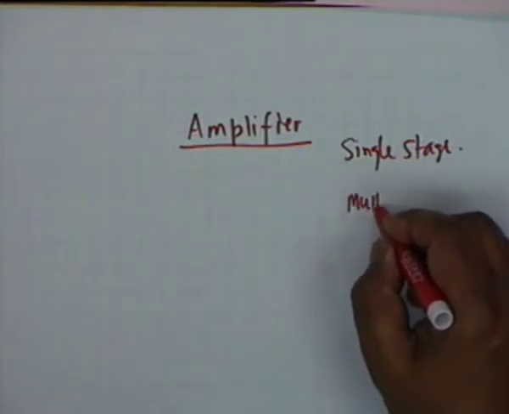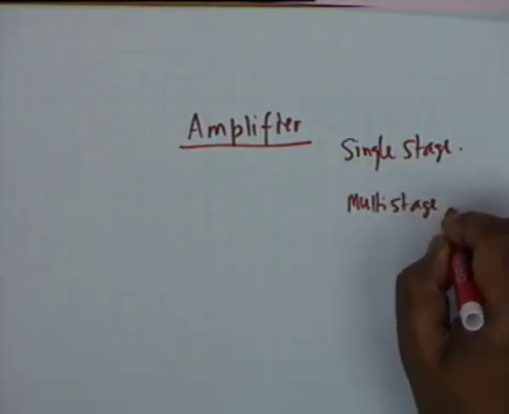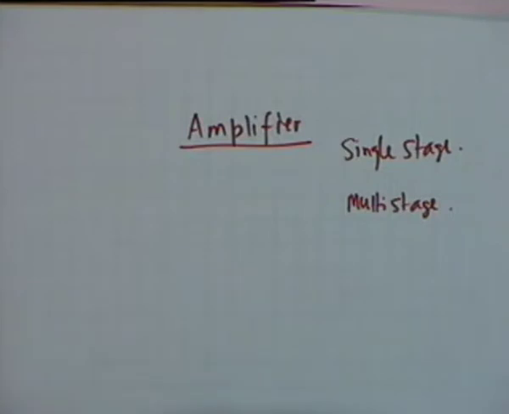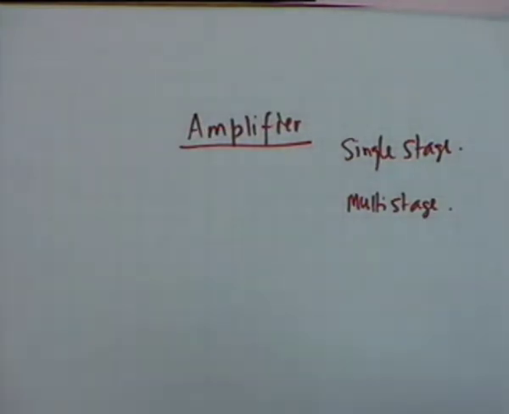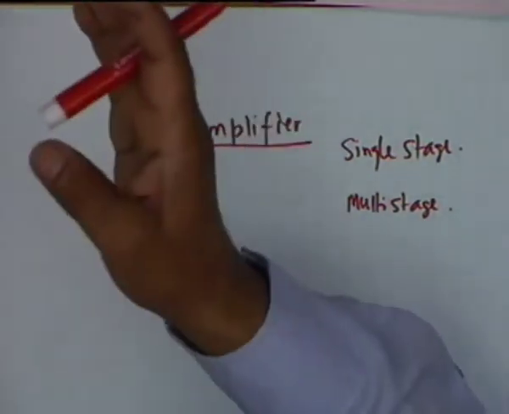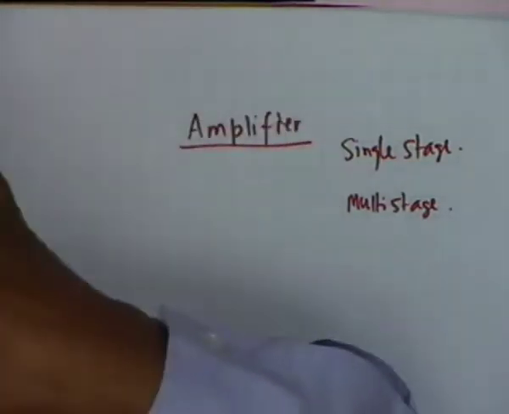Such amplifiers are called multi-stage amplifiers, and it should be clear in the context whether a given amplifier is a single stage or a multi-stage. For example, a stereo amplifier is usually a three-stage amplifier. It is a multi-stage amplifier. The first stage is a voltage amplifier matching microphone to the amplifier system.